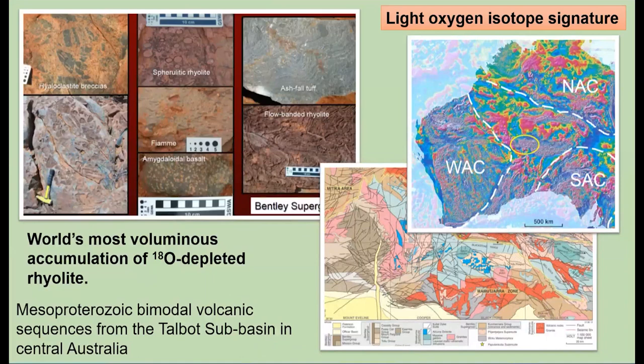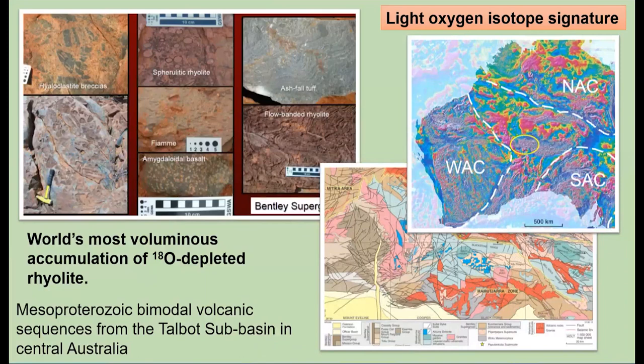We're going to go off to the Musgrave province in Central Australia. So you can see this Proterozoic belt trending broadly east-west at the junction of these different Proterozoic components of Australia: North Australian craton, South Australian craton, West Australian craton, and this is sandwiched in the middle.